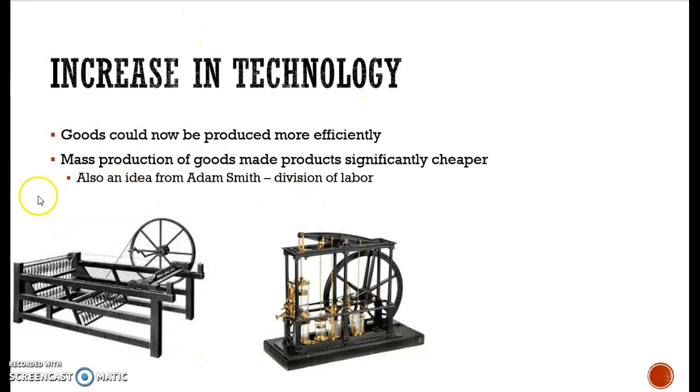All right, but this increase in technology and Adam Smith's idea of division of labor, where everybody does a specified part, made goods be produced very efficiently, very effectively, and significantly cheaper, so more people could have access to these manufactured goods. All right.